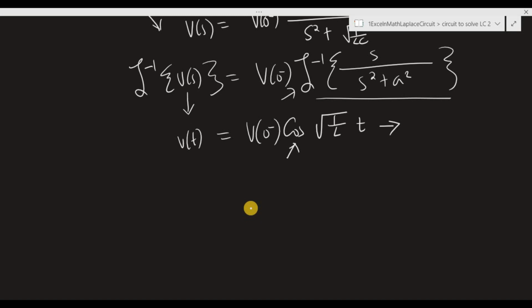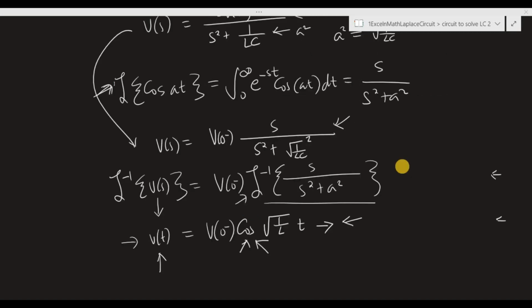Now our voltage V of t is oscillating because of this cosine function here, and because there is no parameter that can attenuate this expression on the right hand side of the equation, we don't have any resistance to attenuate the signal. It means that this voltage V of t will continue to oscillate forever.